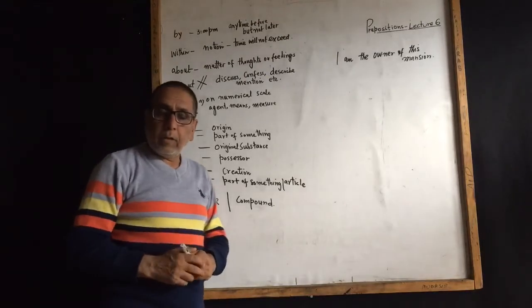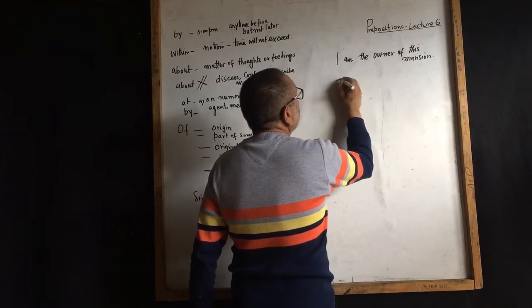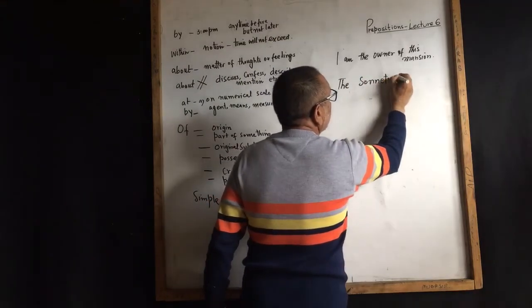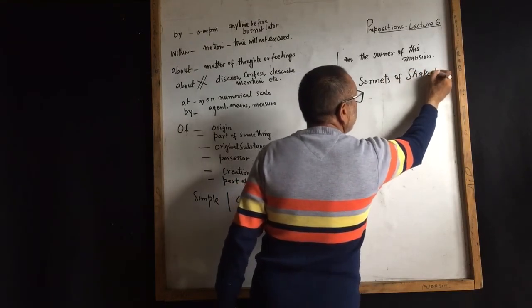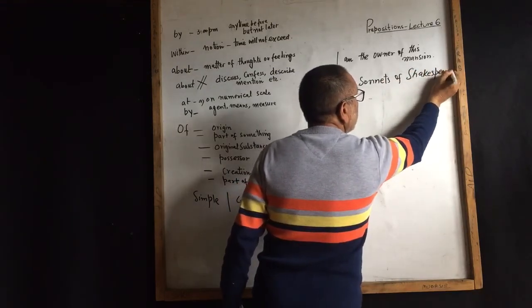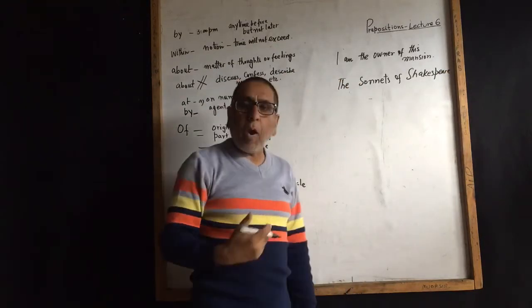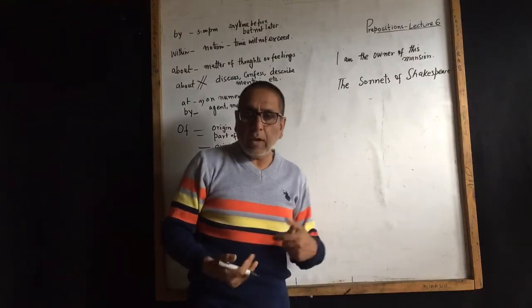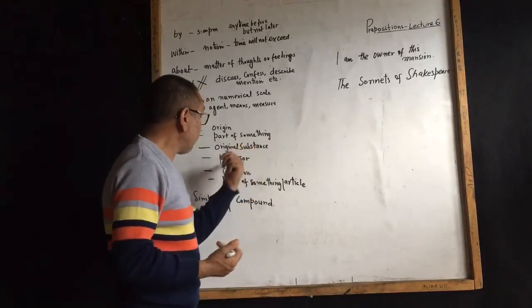Accordingly, creation of something. For example, the sonnets of Shakespeare. The poems of Allama Iqbal. So this is creation of something. The creation of something, when you create something.